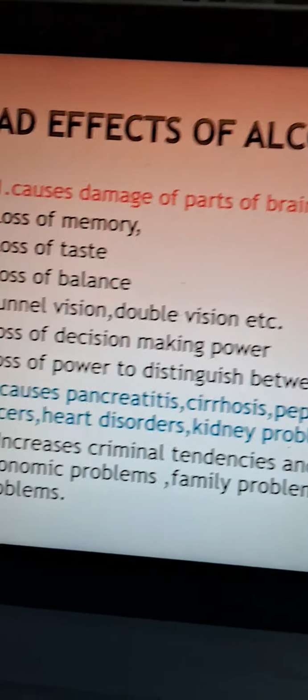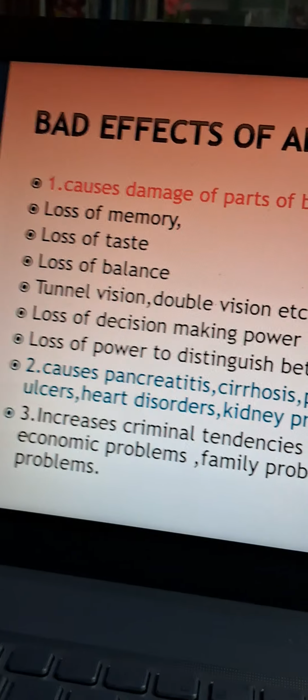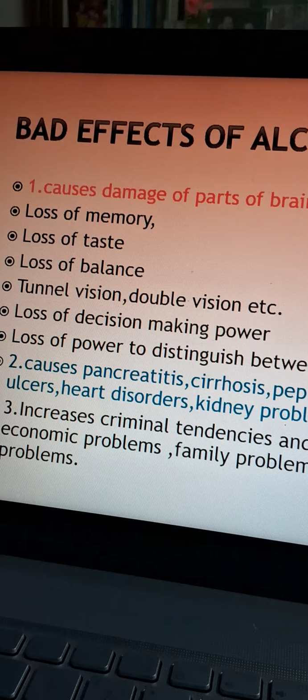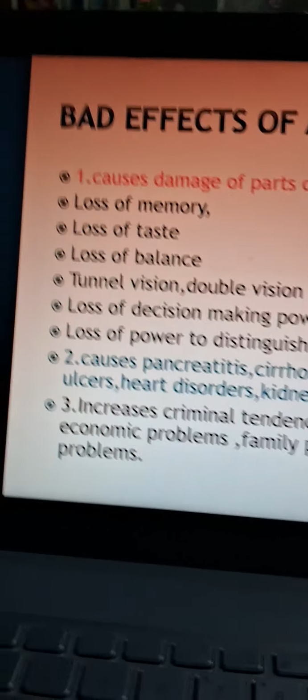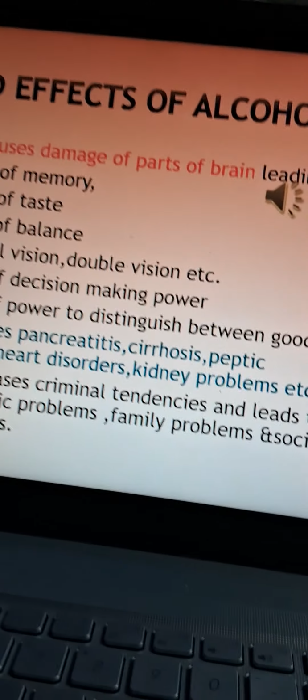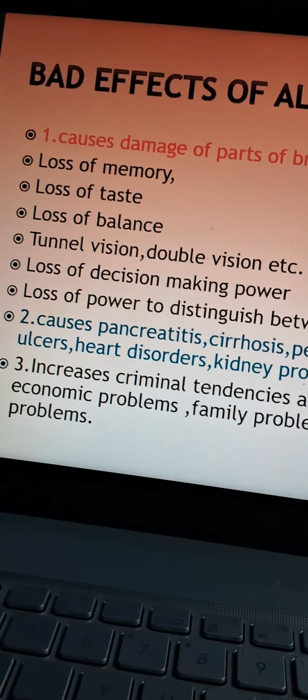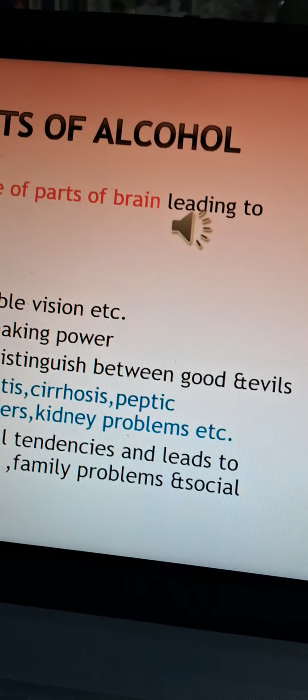Bad effects of alcohol are summarized below. Causes damage of parts of brain, loss of memory, loss of taste, loss of balance, tunnel vision, double vision, loss of decision making power, loss of power to distinguish between good and evil.